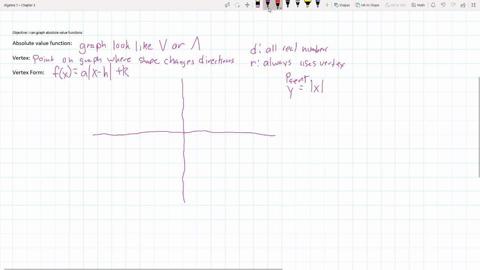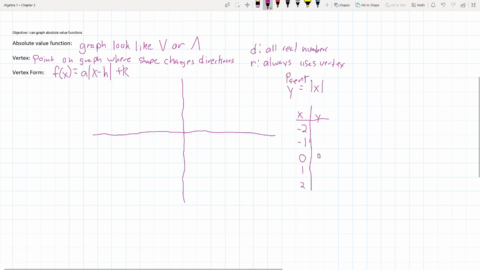I'm going to graph a few of these, probably about 3 to 5, depending, but I'm actually going to do 5 on this one. The one I always try to start with, if possible, is 0, because 0 is easy. So I have -2, -1, 0, 1, and 2.